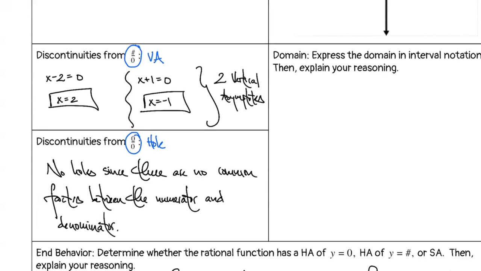There are no holes, and our reason, so that we don't just guess blindly, is that there are no common factors between the numerator and the denominator, okay?